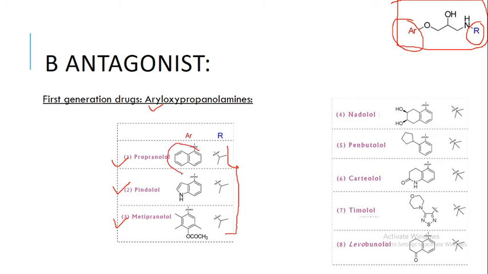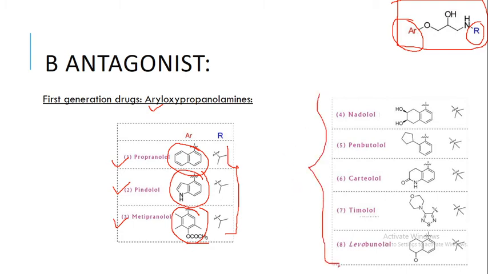And the aryl group: in propranolol, a naphthalene ring is there. In pindolol, a benzpyrrole ring is there, and here it's a simple phenyl ring substituted with four different groups. Three are methyl and another is an acetate group.